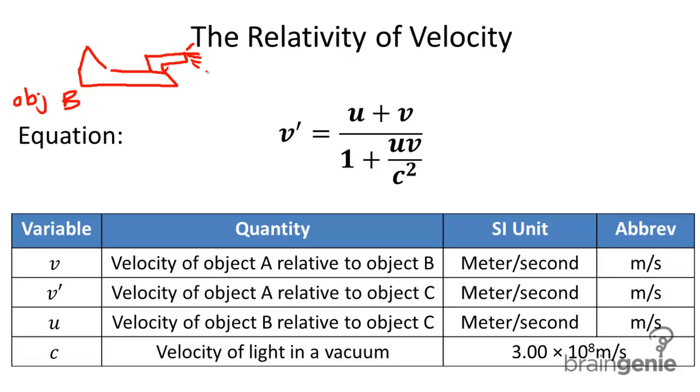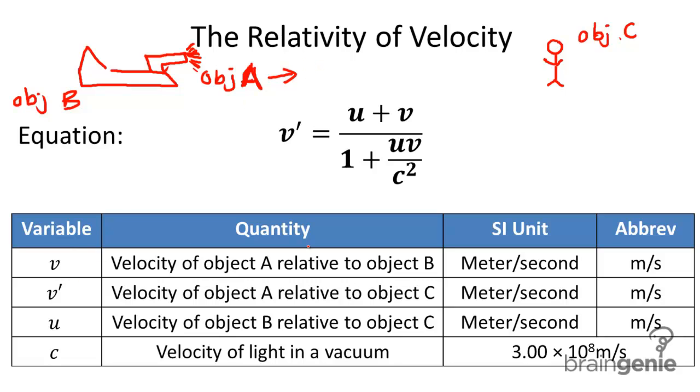We'll call this flashlight object A. And then finally, let's say you're an observer in the distance, very far away from the spaceship. We'll call the observer object C. My apologies. Now, since this is a flashlight, the speed of object A is going to be c.